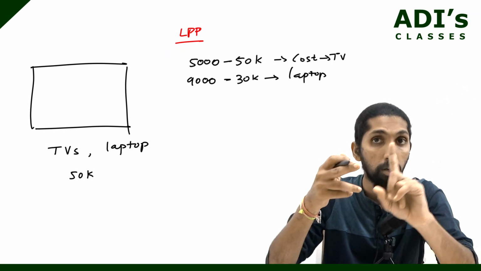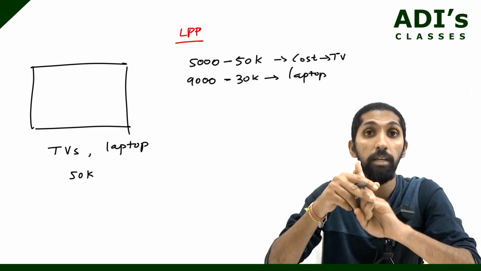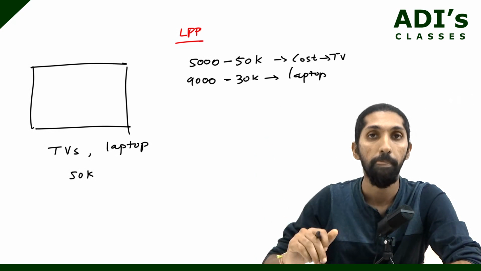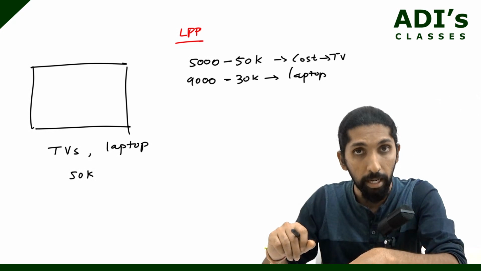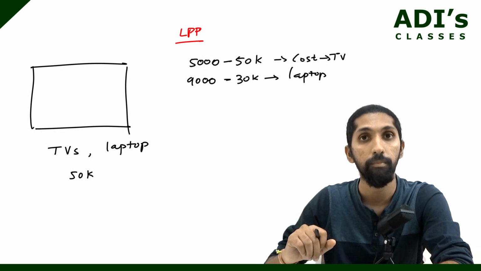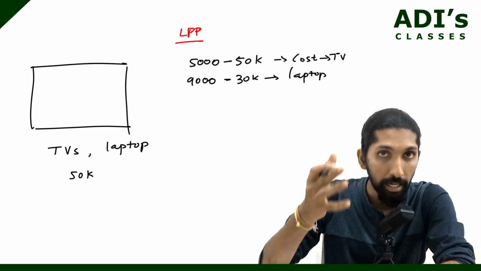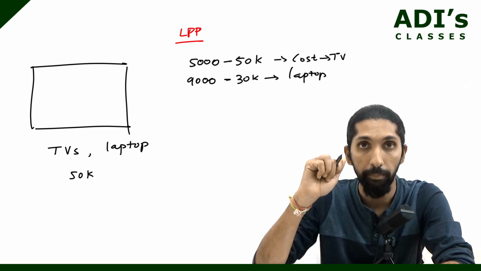The cost of the article when he's selling, the cost of the laptop when he's selling, and how many TVs and laptops he can store within that godown. We also have to know the tax he has to pay if he stores a TV.